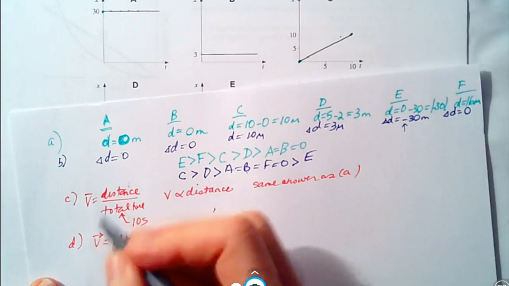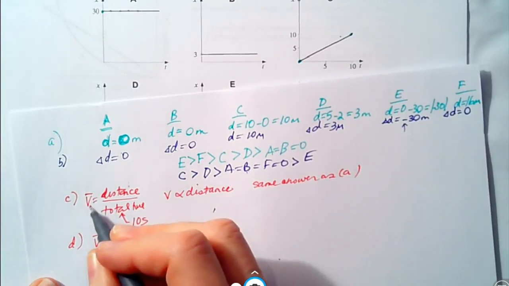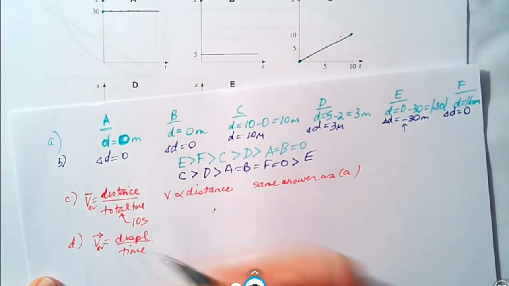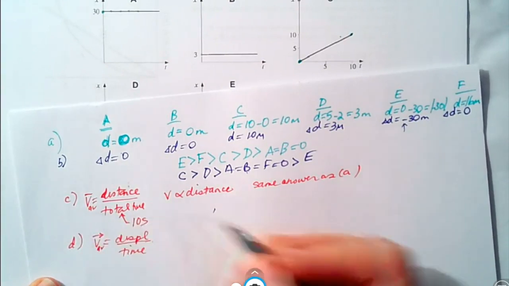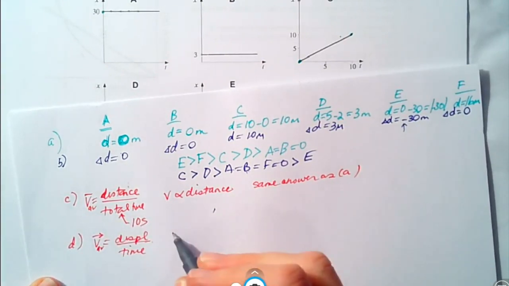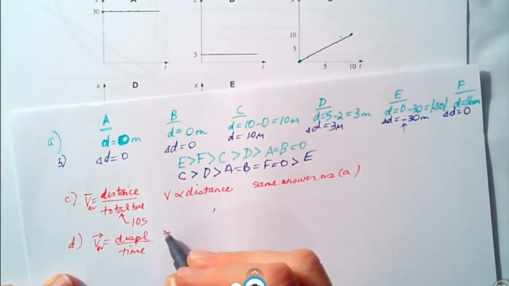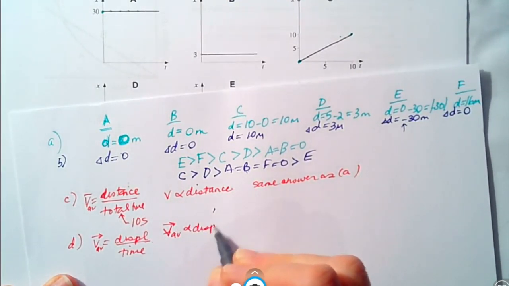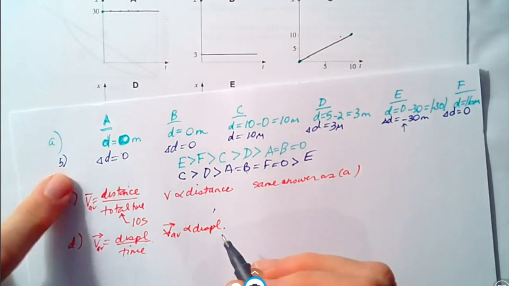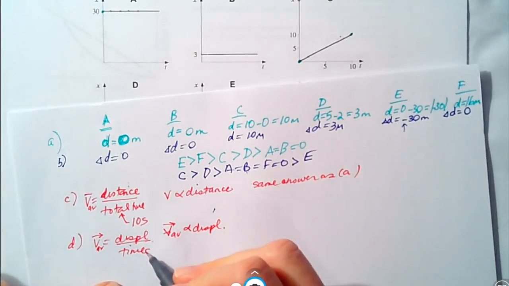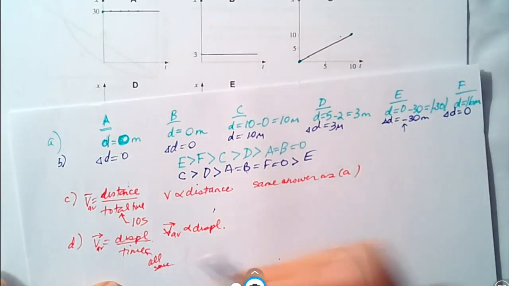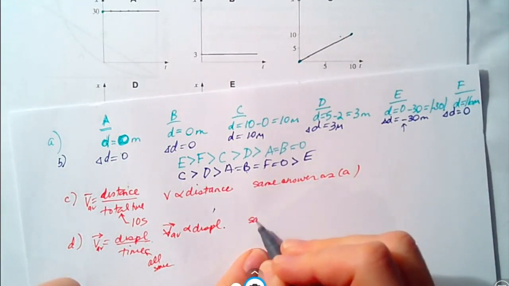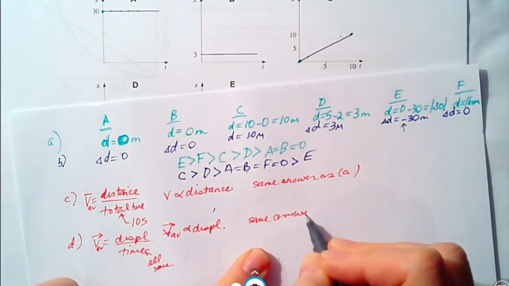This line though generally means average, or you could put v average like that. Or you can just write out the words speed and velocity. So average velocity is proportional to displacement. And since we figured out displacement in B and the times are all the same, then we can say it's the same answer as B.